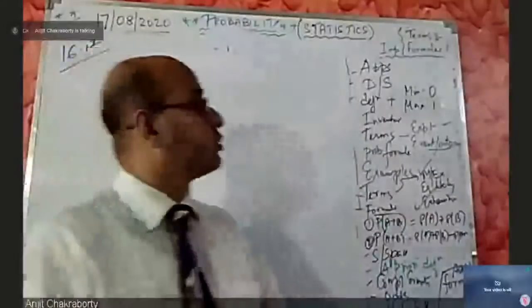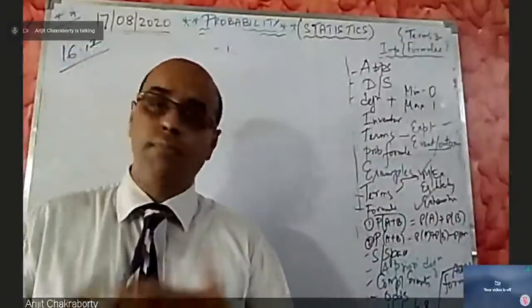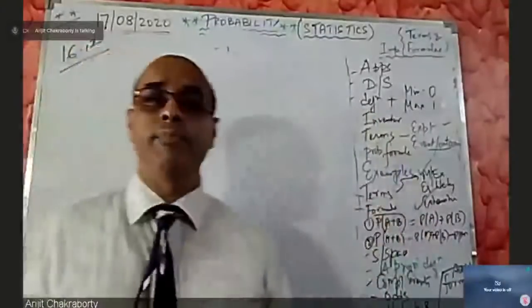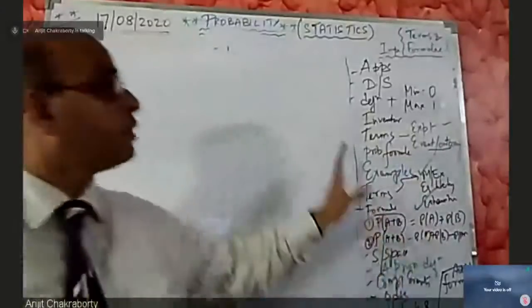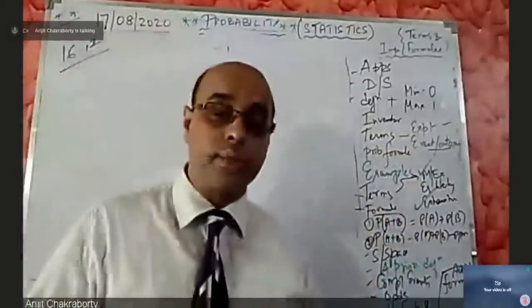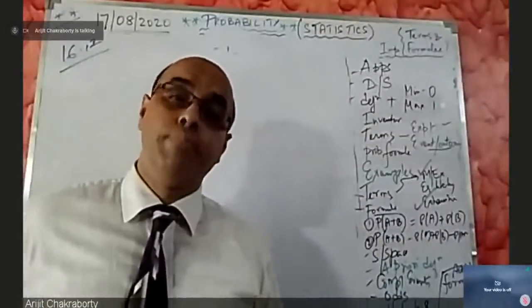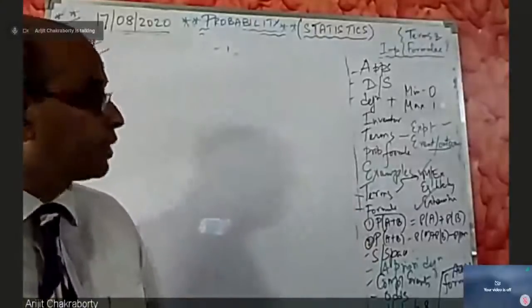Then we talked about the minimum value of probability, which can be 0, which shows an impossible event, and the maximum probability can be 1. That means it's a sure, certain event. Then we discussed who is the inventor. I talked about Laplace, and other leading people like Thomas Bayes, who helped in the development of this important probability theory.